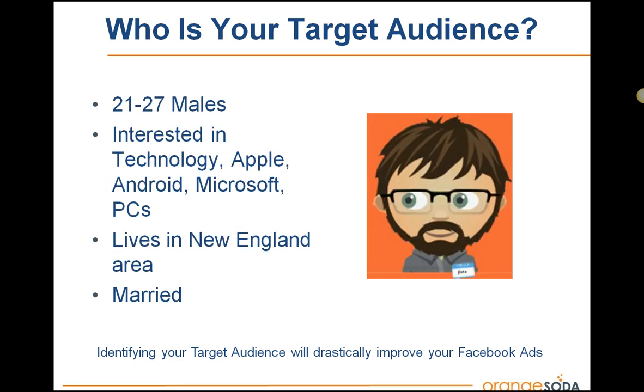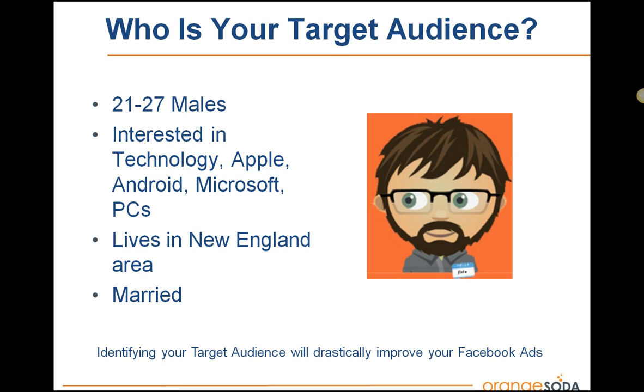So you can see here I have this example. Let's just say that our target audience is 20 to 27-year-old males. They're interested in technology, Apple, Android, all those tech companies. They live in the New England area and they're married.